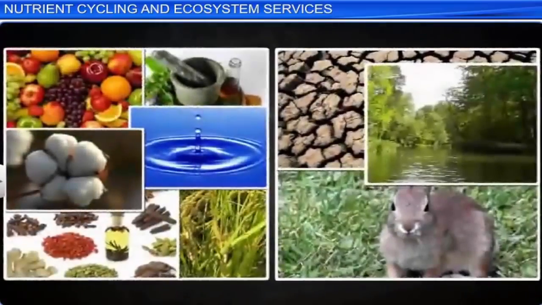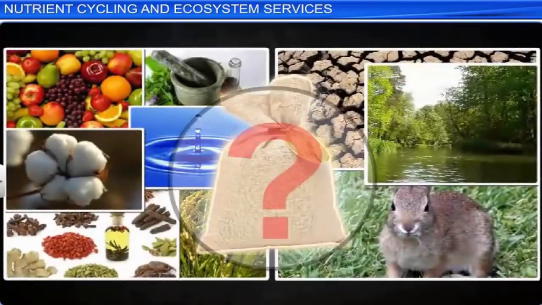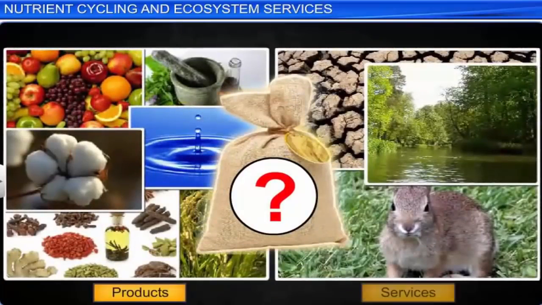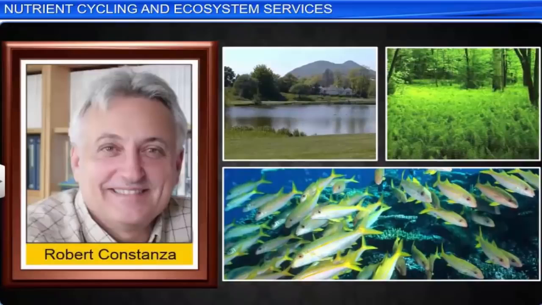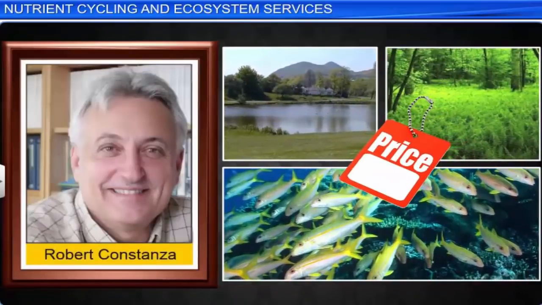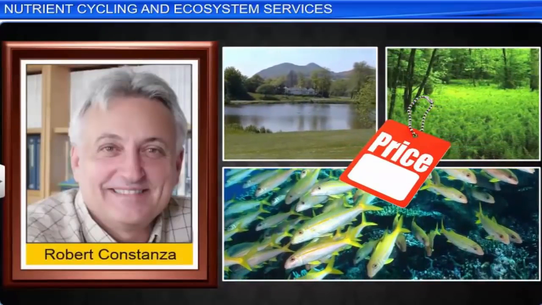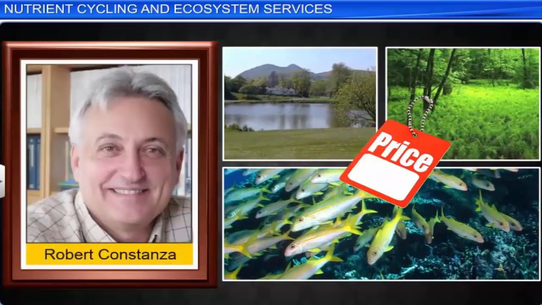However, it is difficult to assess the value of these different products and services provided by an ecosystem. But today, researchers like Robert Constanza and his colleagues are trying to assess the value of the different ecosystems, which are otherwise taken for granted as they are available freely.